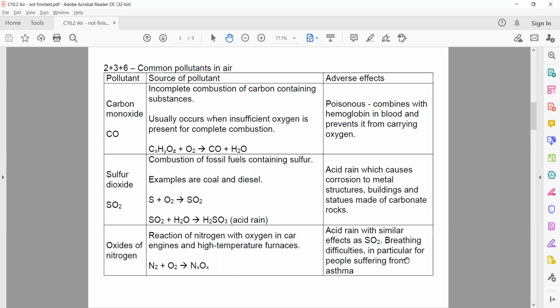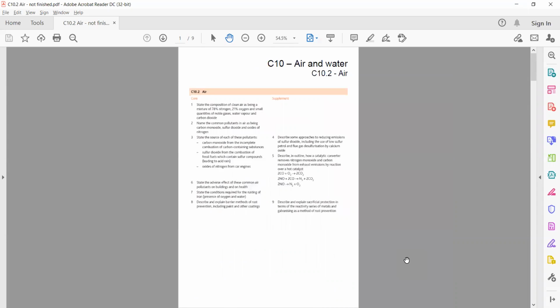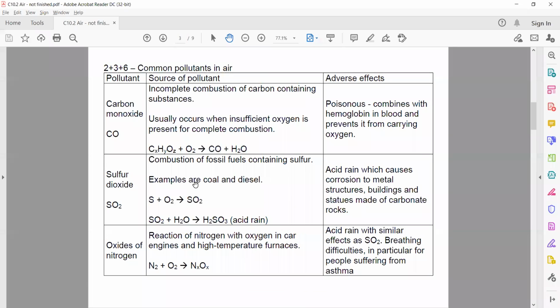No? So if you look at what the syllabus asks you, in points 2, 3, and 6, we've basically summarized those in the table.